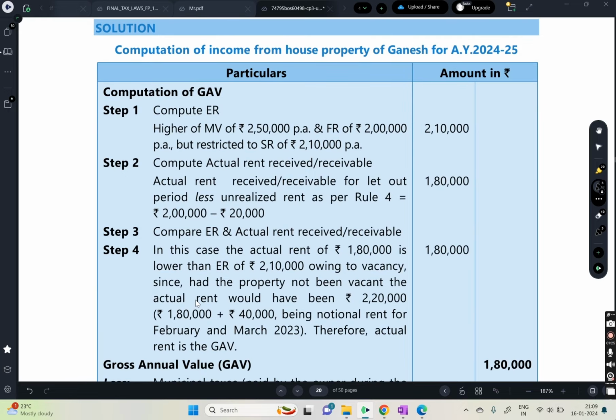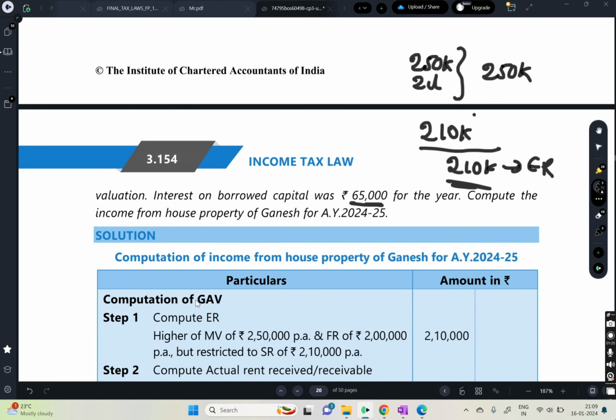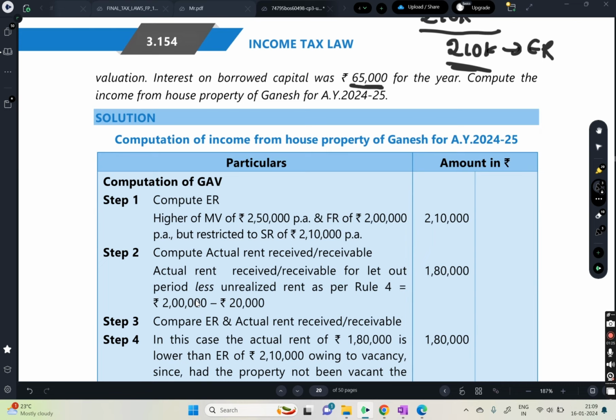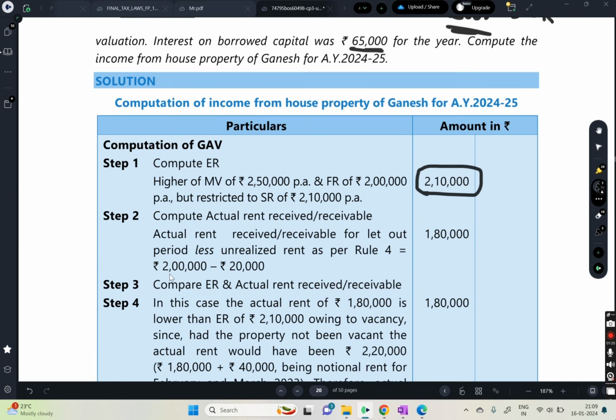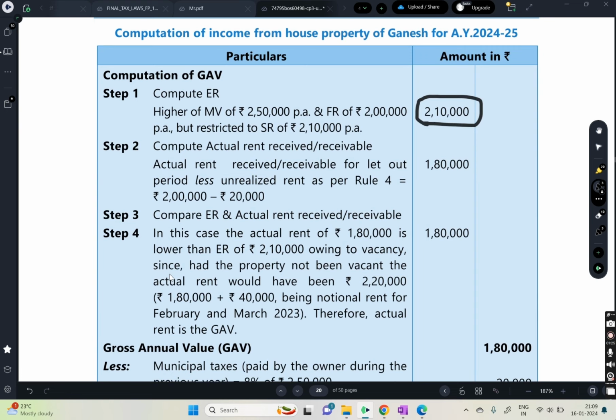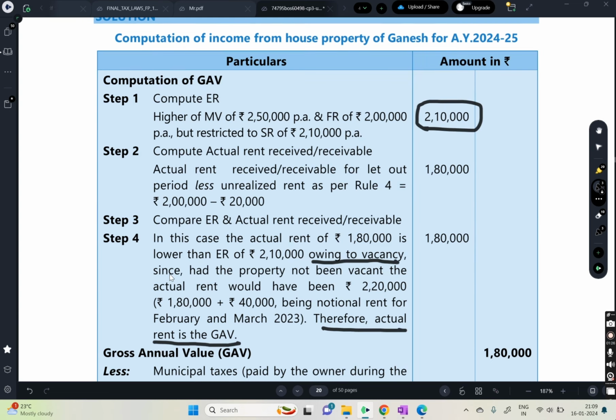Okay, so what did we get? We get expected rent 10,10,000, which is this. Then while calculating the actual rent, okay, what is the actual rent?